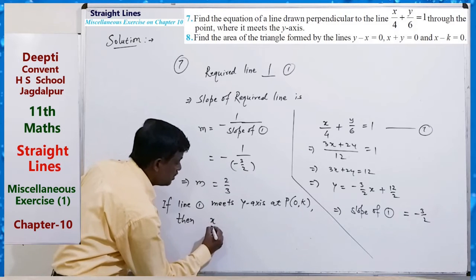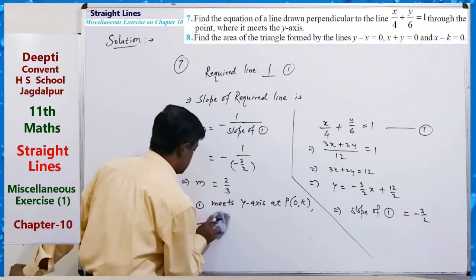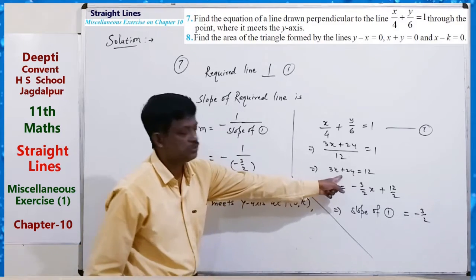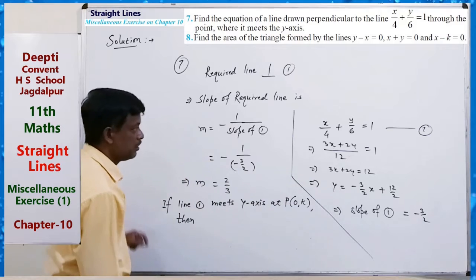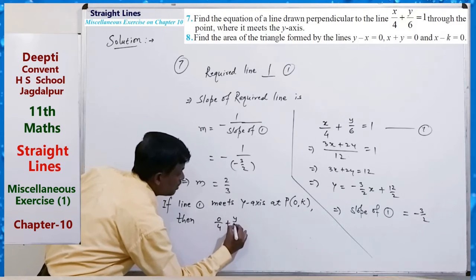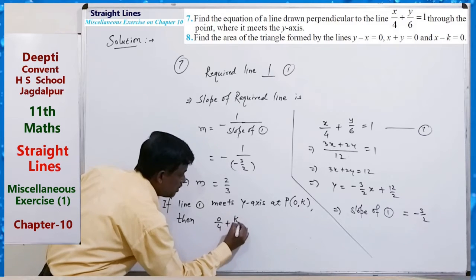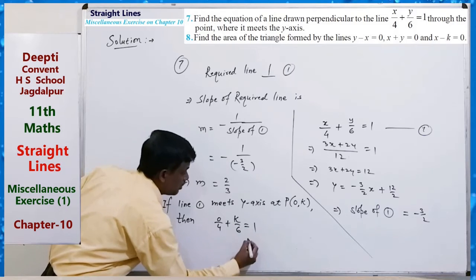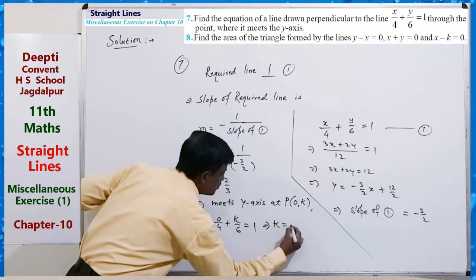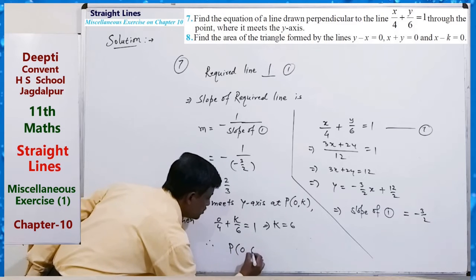So 0 by 4 plus k by 6 equals 1, which implies k equals 6. Therefore P is (0, 6).